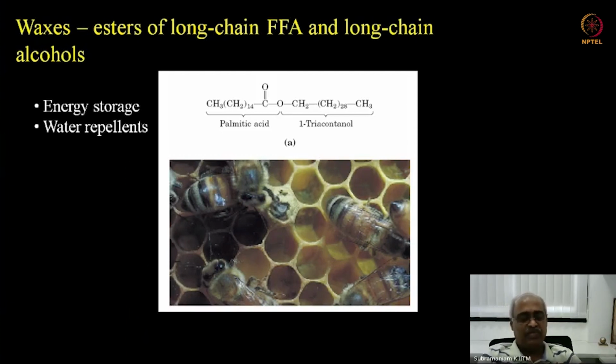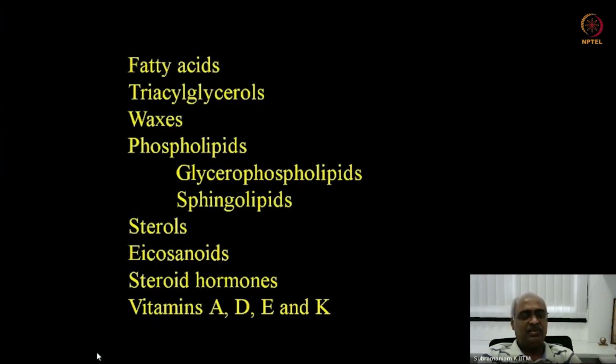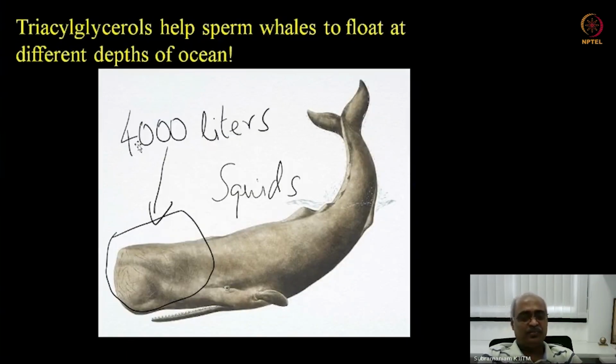For example, a single sperm whale gives you 4,000 liters of fat, and people hunted them for lamp oil. Before petroleum was discovered, people, particularly in the Western world, relied on these oils to light lamps. Due to that, these whales are now an endangered species and only very few exist now.